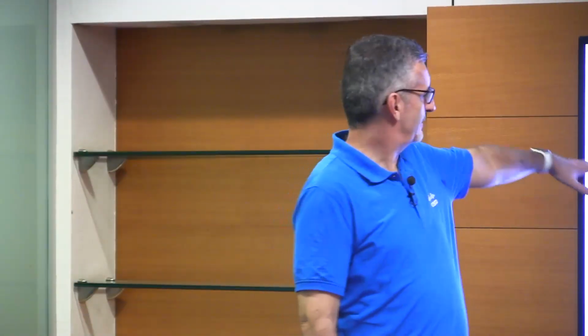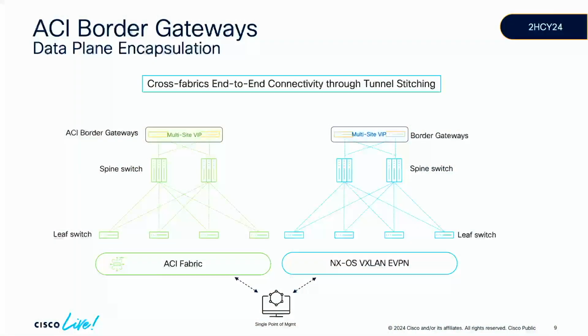What they share is what we call the anycast IP address, meaning in addition to the individual personality, we add a common IP address to that border gateway set, which makes them look from a data plane as one. Control plane, multiple; data plane, one. They share an anycast address, which we call the multi-site VIP, so that, as Lukas was saying, we stitch three tunnels.